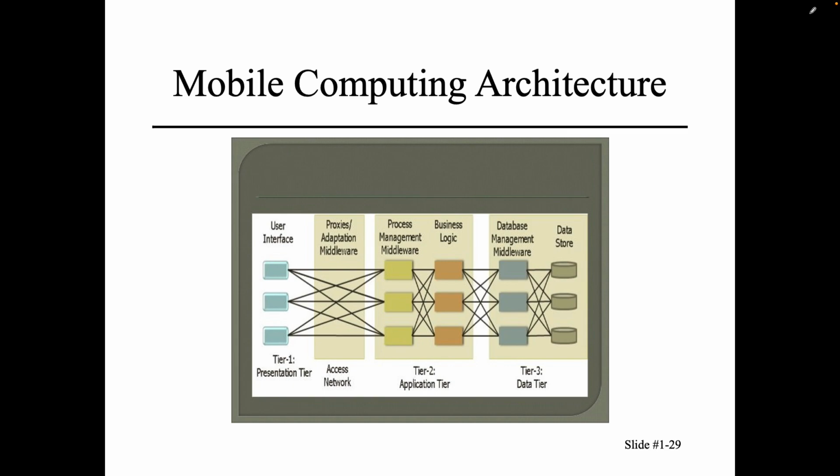So we have mobile computer architecture. So mobile computer architecture would look like this: user interface, proxy slash adaptation middleware. So look, presentation tier. This is where the data is finally being shown. Then there's an access network.